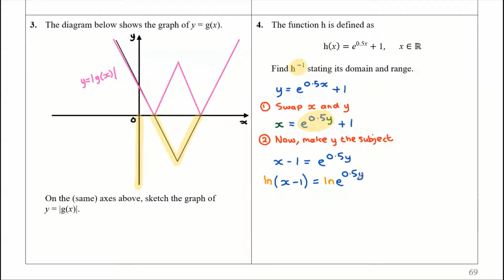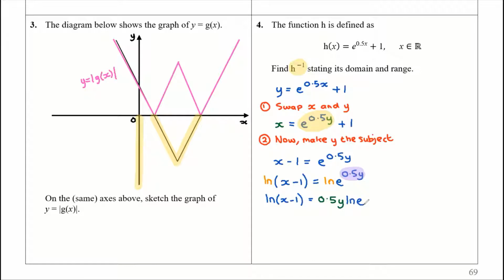Okay, so now we can apply our laws of logarithms. There's nothing I can say on the left-hand side. There's no law of logs that deals with this. So we're just going to maintain the log of x subtract 1. But on the right, I've got a nice principle I can use here. The power, because I'm taking a log, can now be brought down as a coefficient. So this is going to be 0.5 y multiplied by the natural log of e.